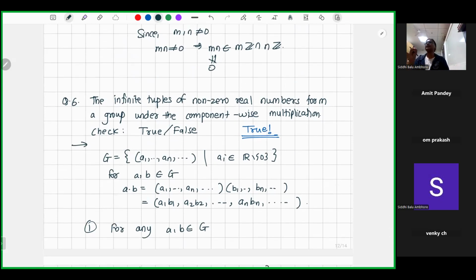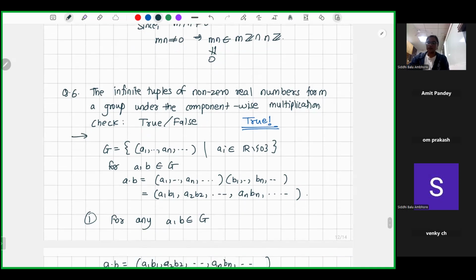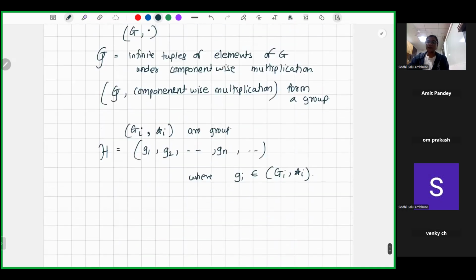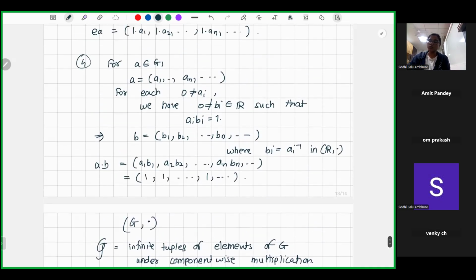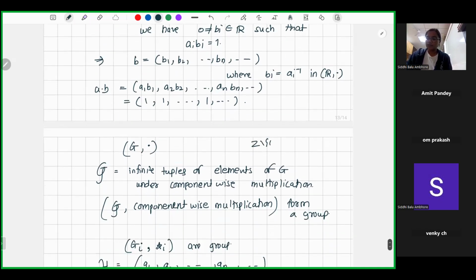Z under multiplication is not a group itself, so that won't work here. R minus 0 under multiplication is a group. Z, we just saw, is not a group. The group condition is important.